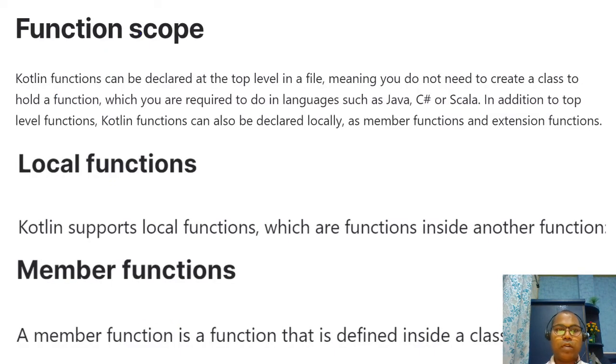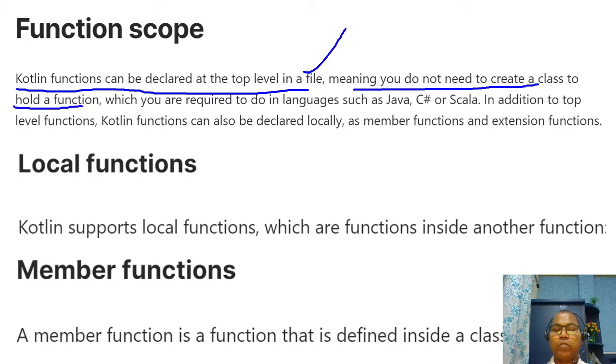A Kotlin function can be declared at the top level in a file, meaning you do not create any class to hold the functions. This is known as a top level function.